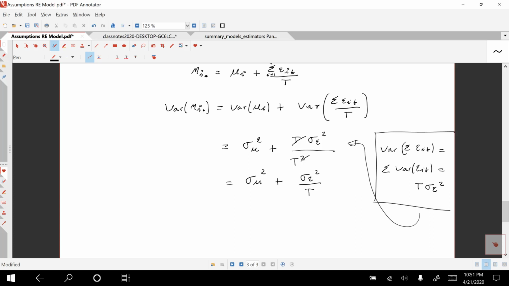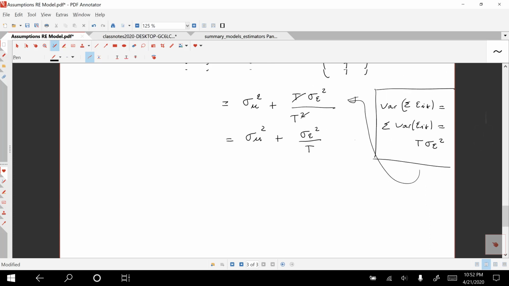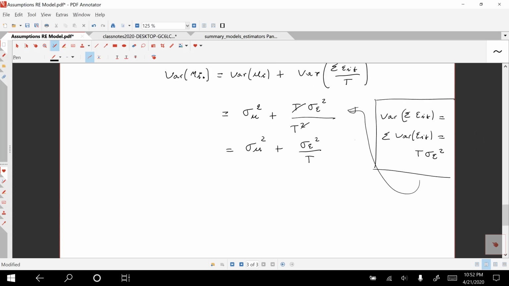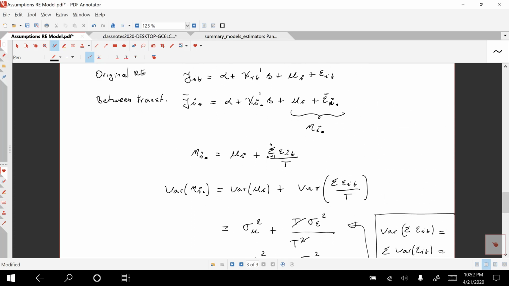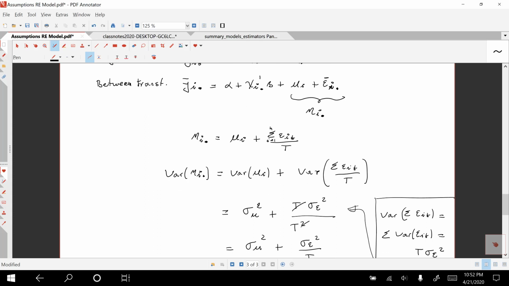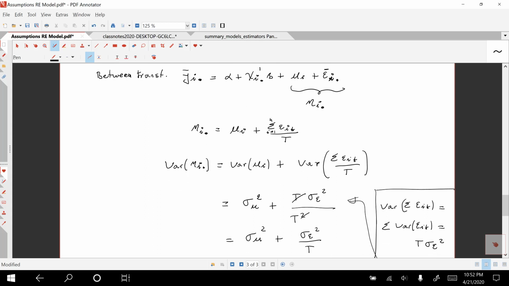Okay, and of course, that's the theoretical model. So when we use the between estimator, we end up with an estimate of the variance of eta i dot.